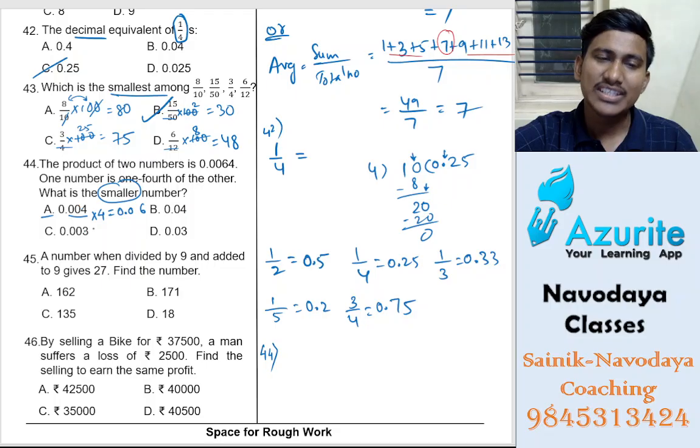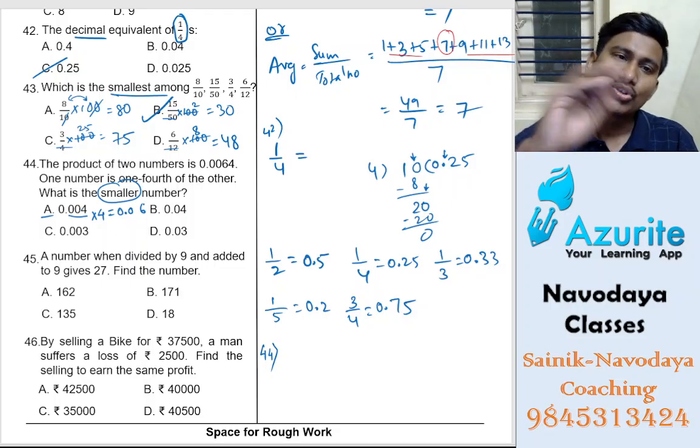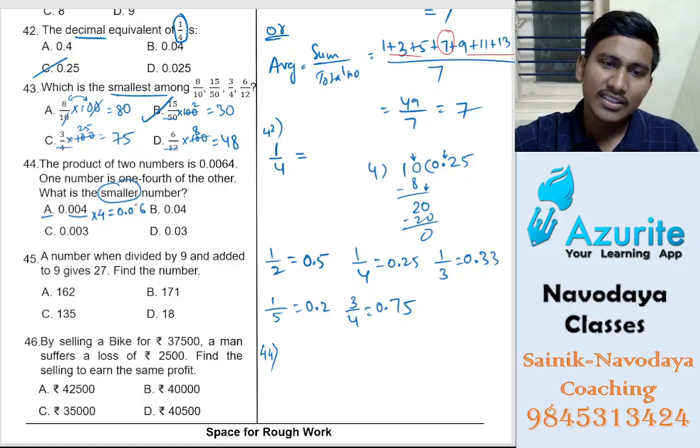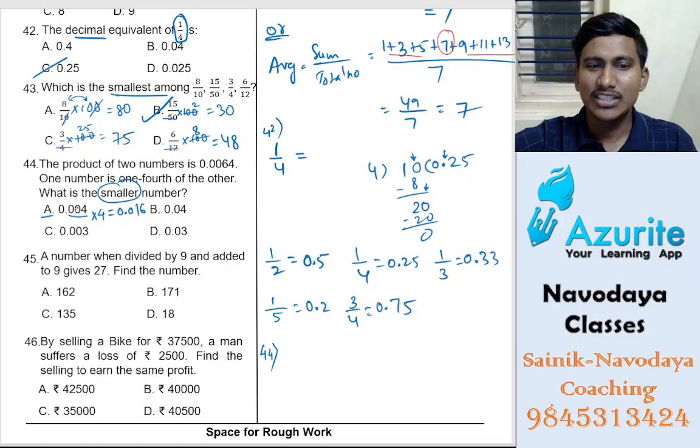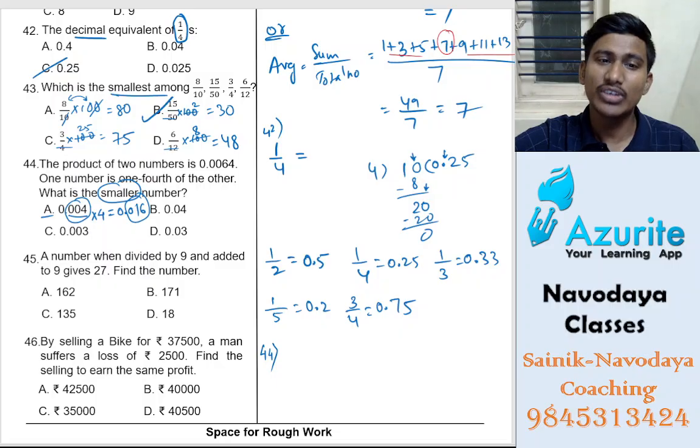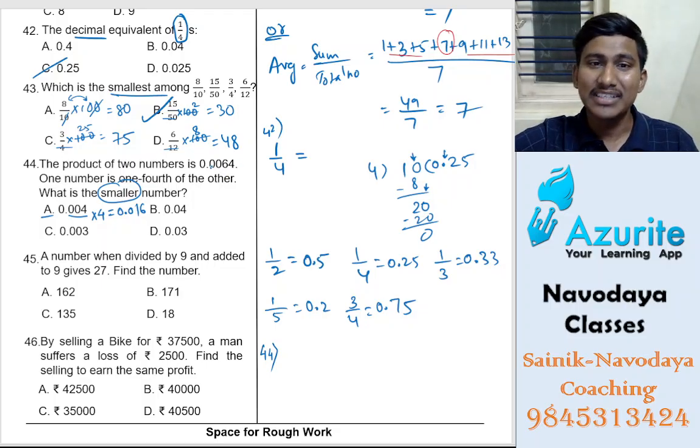So if you multiply these two numbers, 0.004 and 0.016, then you will get 6 decimal places. How many decimal places? 6 decimal places, but here total 4 only. That is why A is not the answer, right?